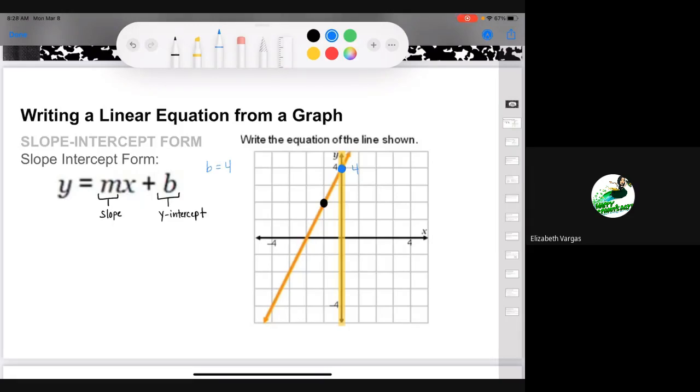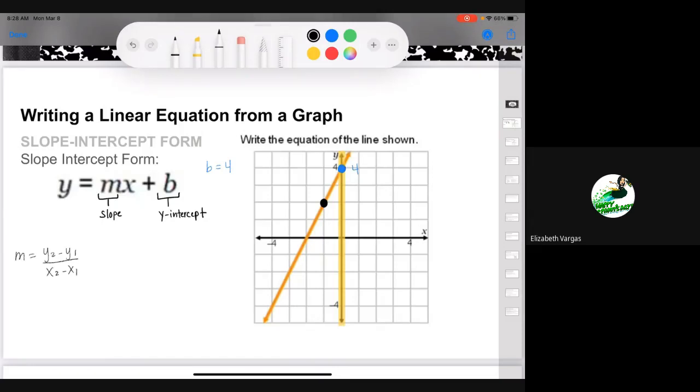The way that we identify our slope is we use the slope equation, which looks like m equals y2 minus y1 over x2 minus x1, right? So that's our slope equation.